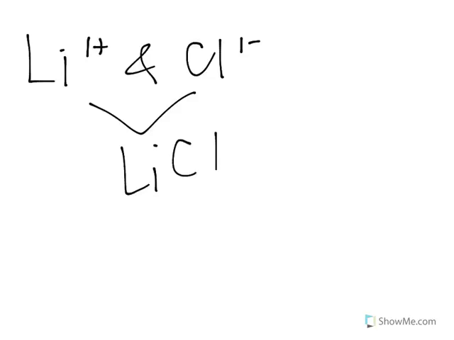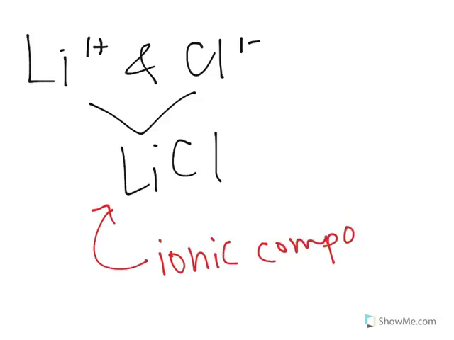So remember when we took something like Li+ and combined it with Cl- to get LiCl. So this is called an ionic compound. And we know it's an ionic compound because it involves a metal interacting with a nonmetal, or a cation interacting with an anion.